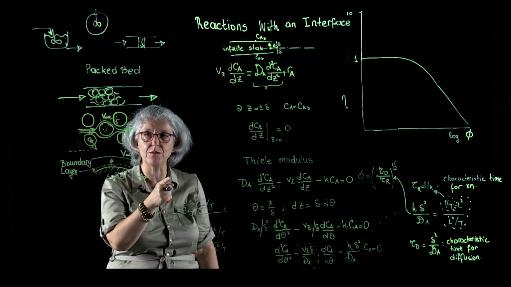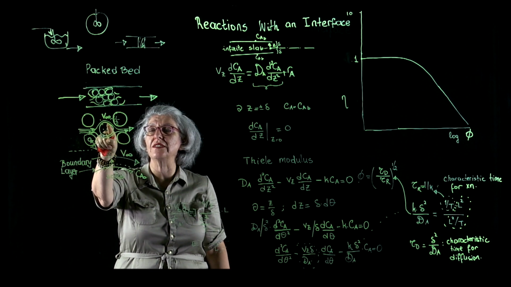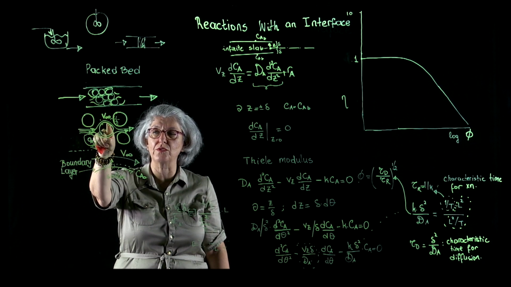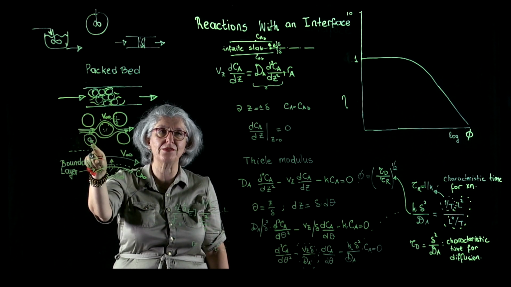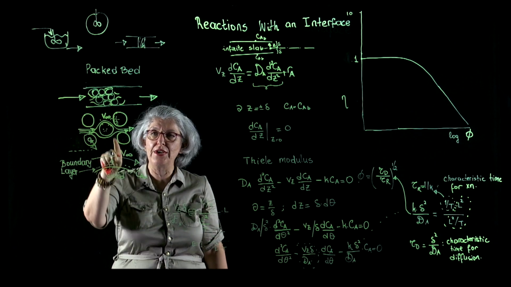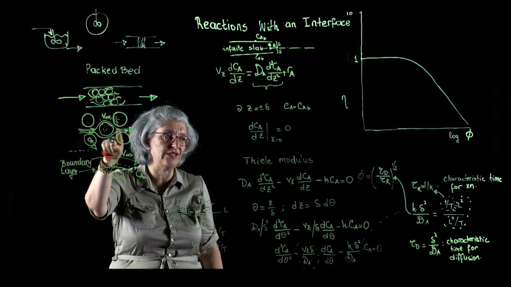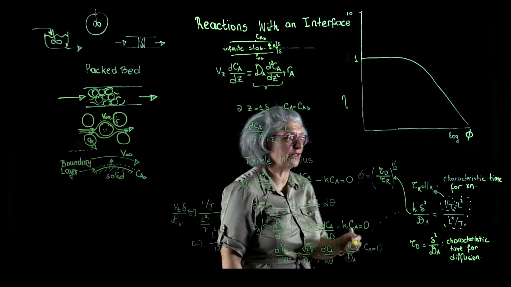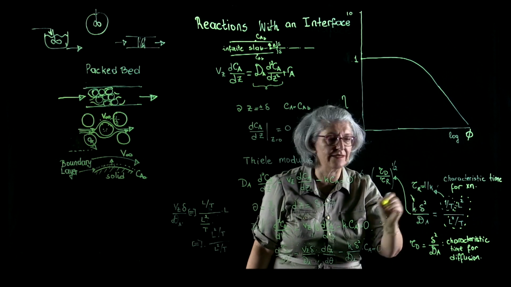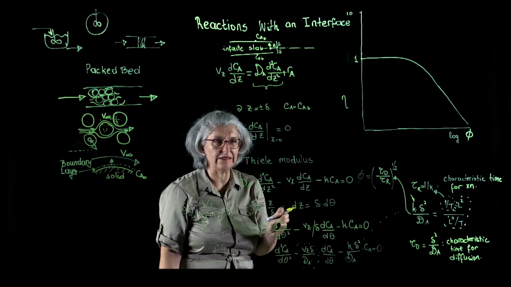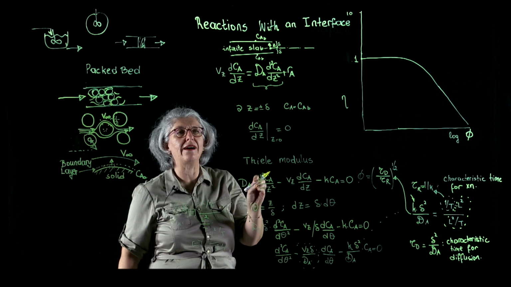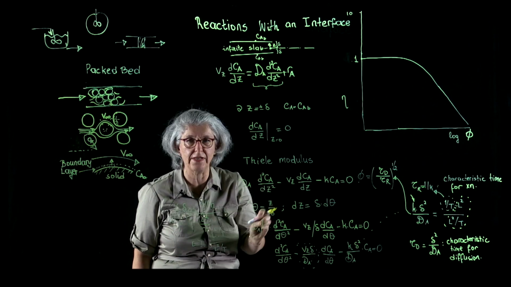I will tell you why in a moment. Because heat generation is going to cause a change in the surface temperature, catalyst surface temperature. If the catalyst surface temperature changes, the temperature dependency of the rate constant is going to start to play a role in how fast the reaction is moving.